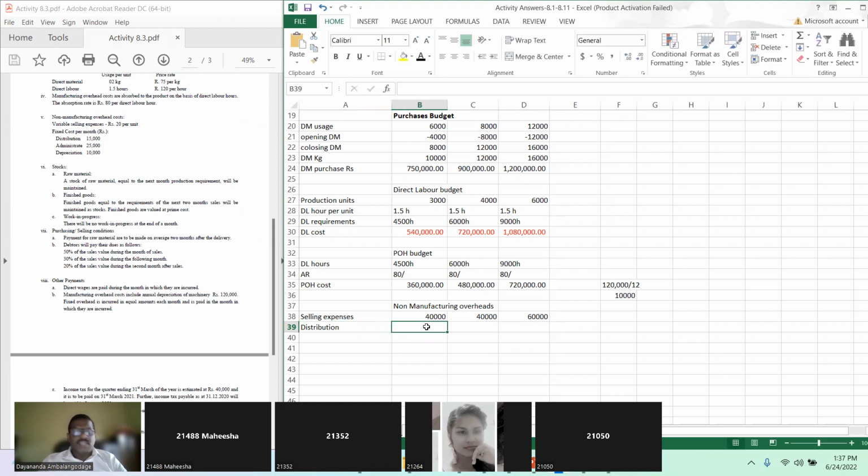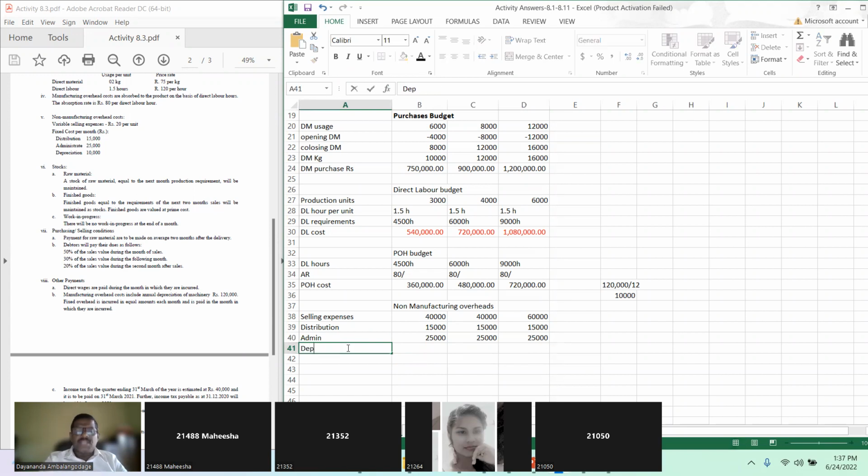Then thereafter you get the distribution cost, which is 15,000, fixed. So each month you will have 15,000. Then admin cost is 25,000, which is fixed. So each month, irrespective of your sales figure, admin cost remains constant.